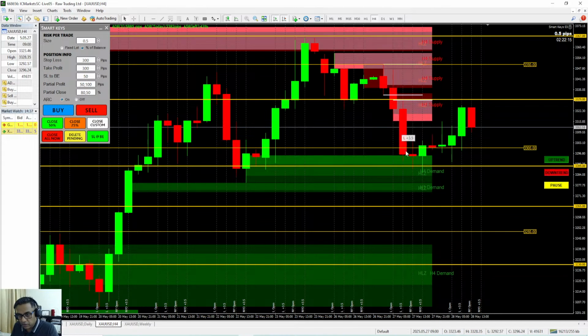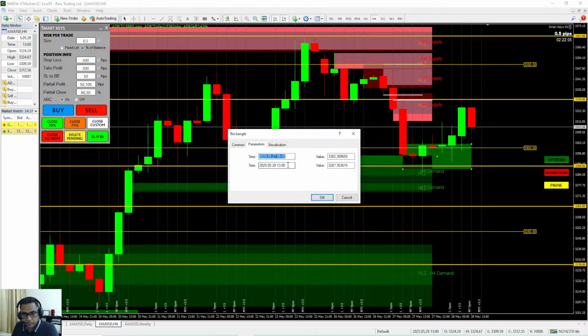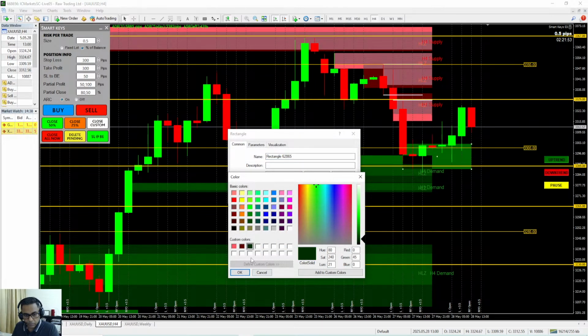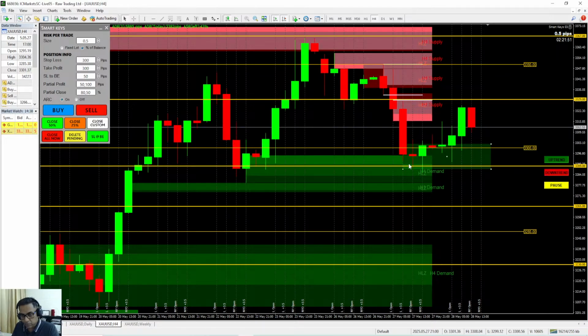We have a drop, 5 base candles, and a clear rally, right? A drop base rally here. Start with that. Let's put the price down there.